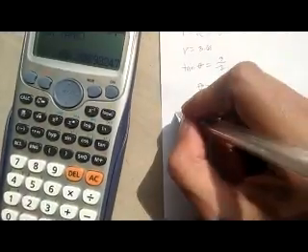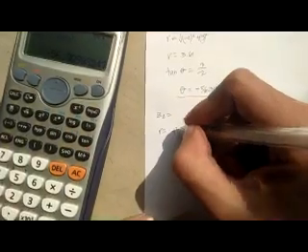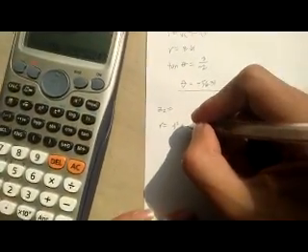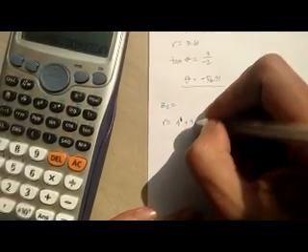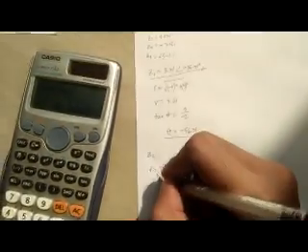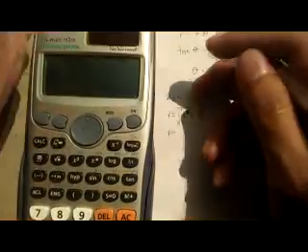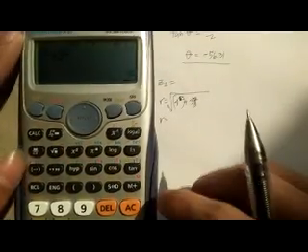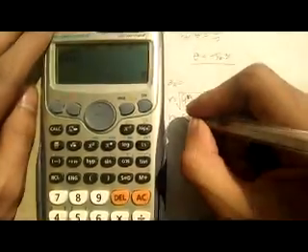So let's solve for z2. R is equal to 4 squared plus 3 squared, and the square root of the answer. So R is equal to 5.